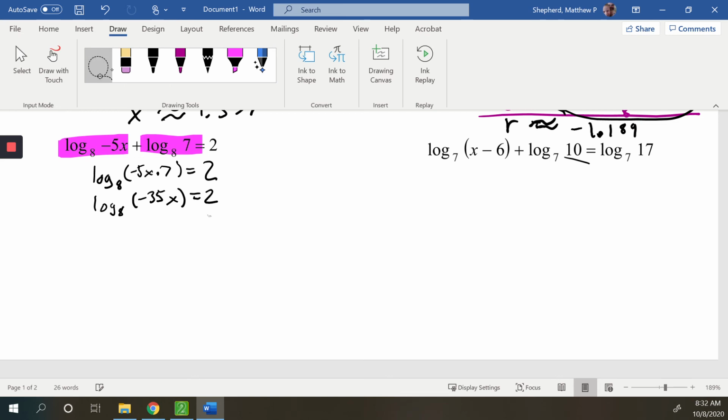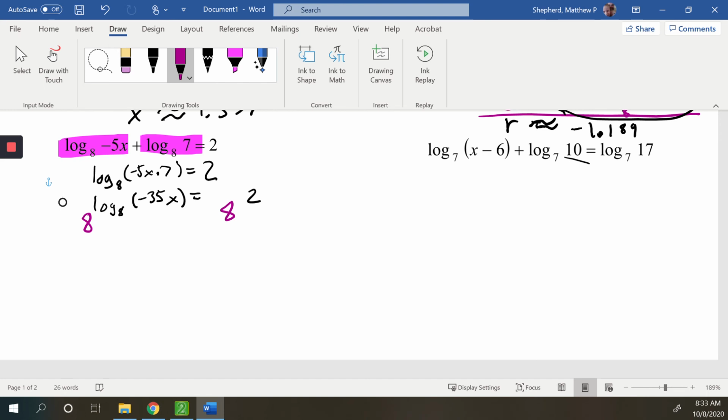So now let's go ahead and work on that logarithm statement. In order to eliminate a log, what I'm going to do is make it into my exponent. I am now writing this as 8 to the power of log base 8 of negative 35x.